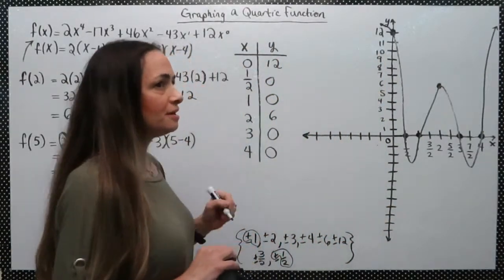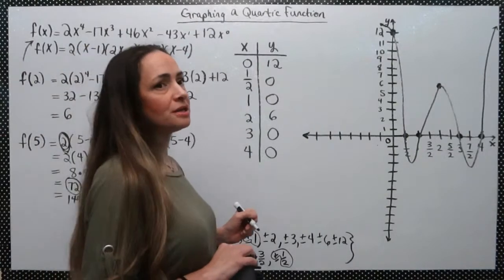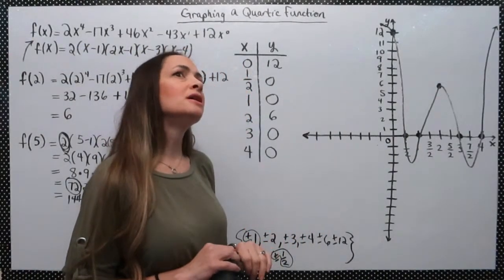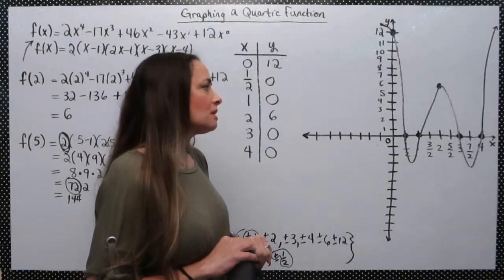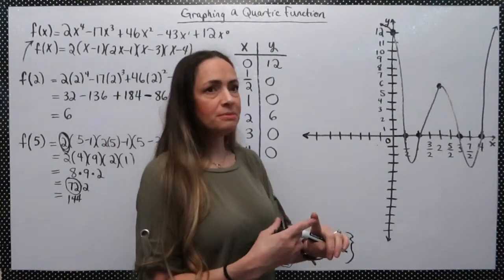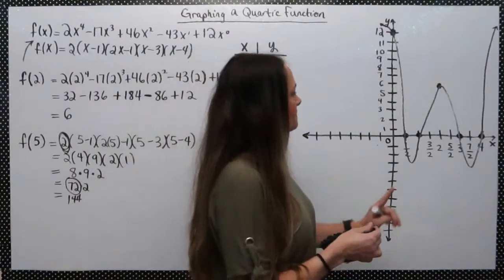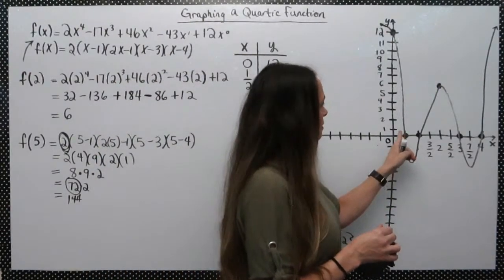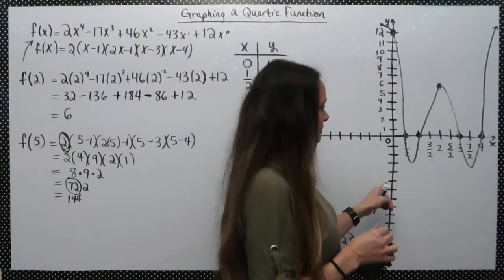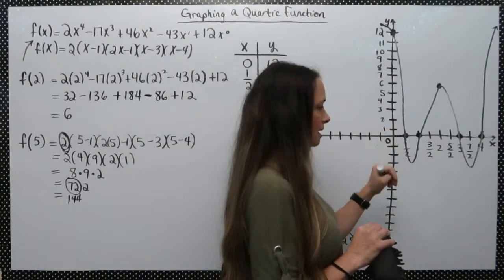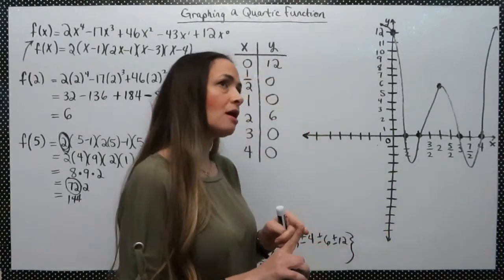And when we're talking about finding critical values of the graph, specifically what I'm referring to is maximum values, minimums, and intersections of the origin. So specifically where it's crossing the y and x-axis would be critical values of the graph.